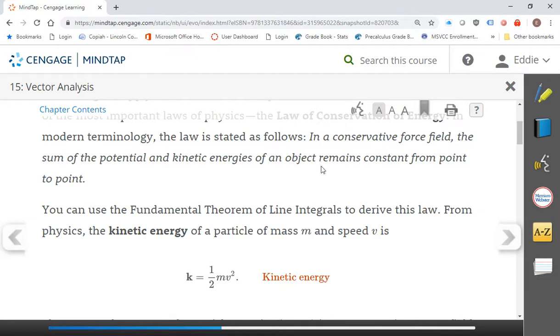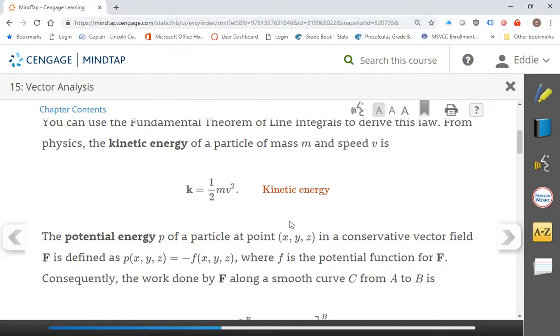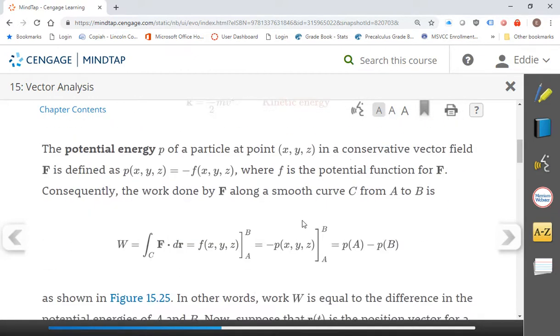So there's the equation for kinetic energy. And for potential energy, we define P as the negative of the potential function.